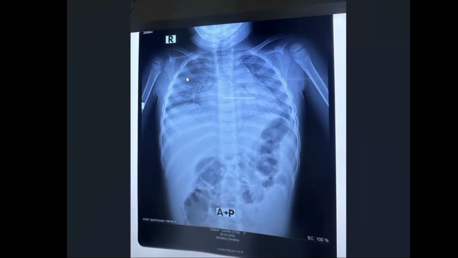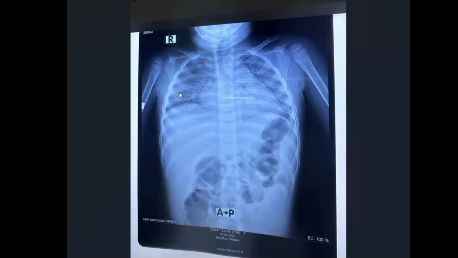And up to the lower border of the second rib from anteriorly, it is called upper lobe or upper zone. From the lower border of the second rib to the lower border of the fourth rib, it is called the middle lobe or middle zone, right?